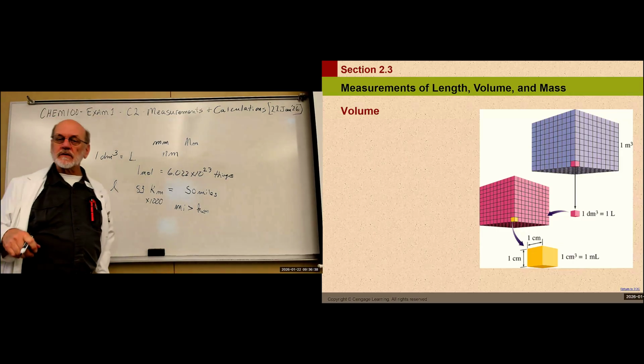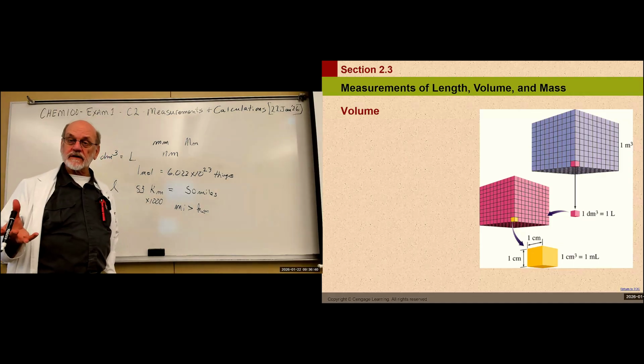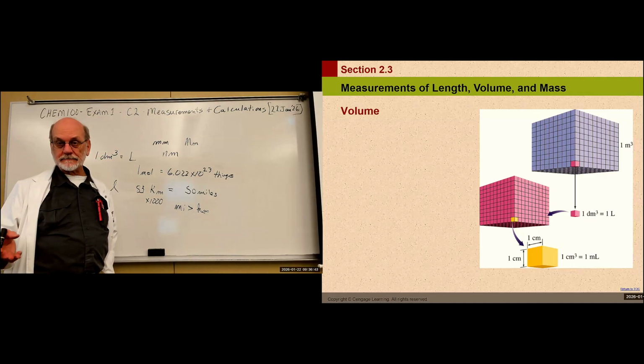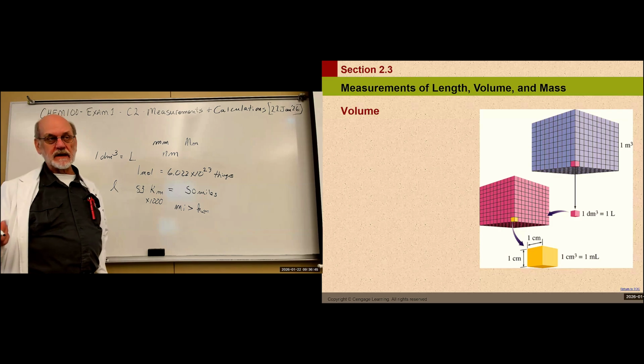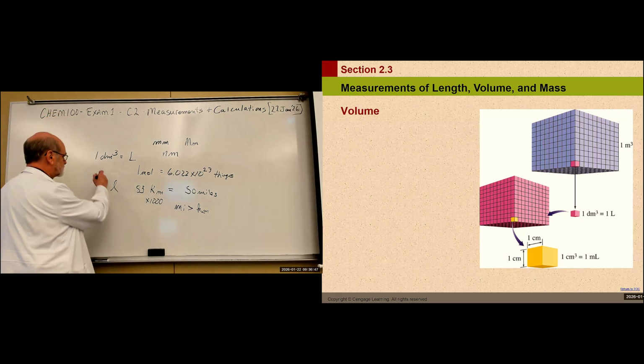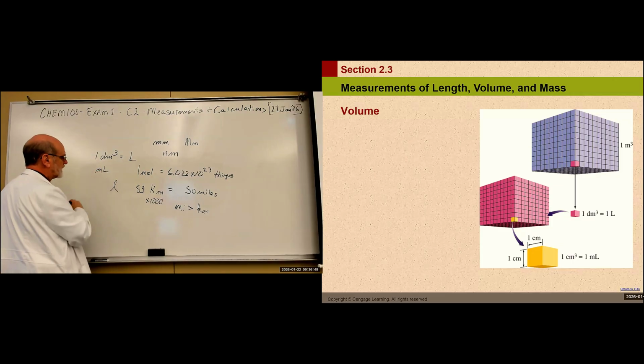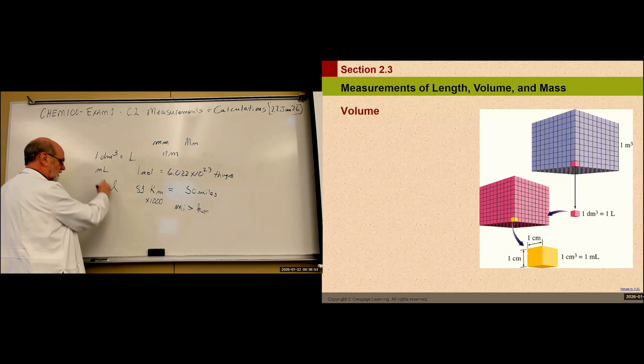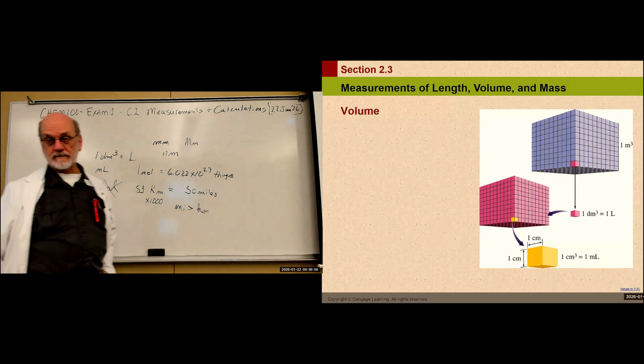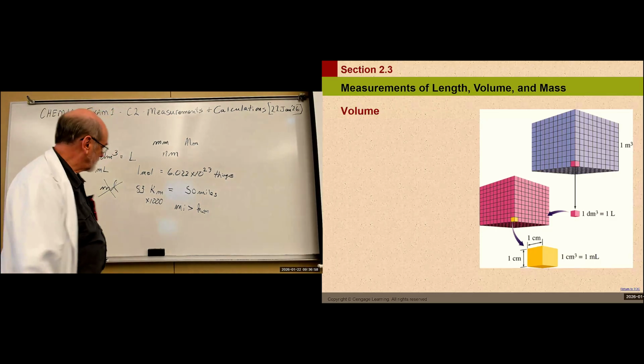But if we want to modify this unit to make a smaller unit, then we might put a milli in front of it. Milliliter. And sometimes you'll see it written like that. That is wrong. That is not a milliliter.